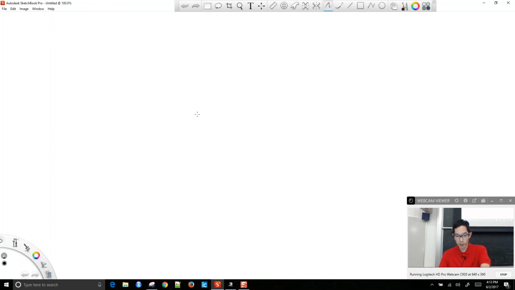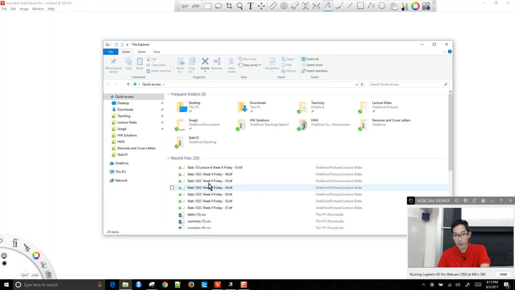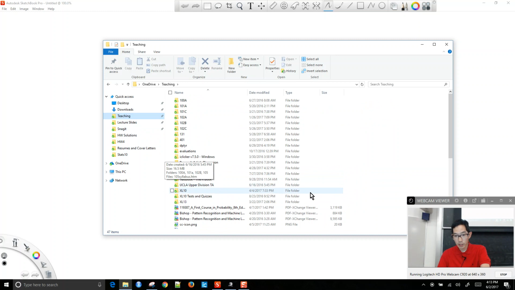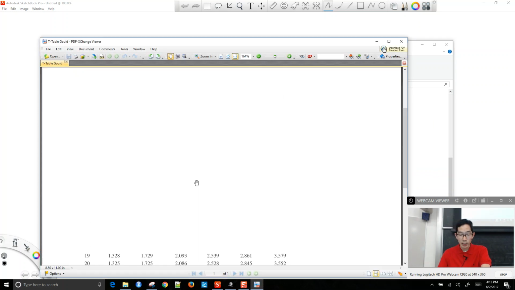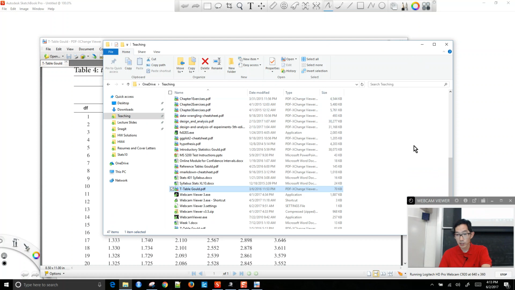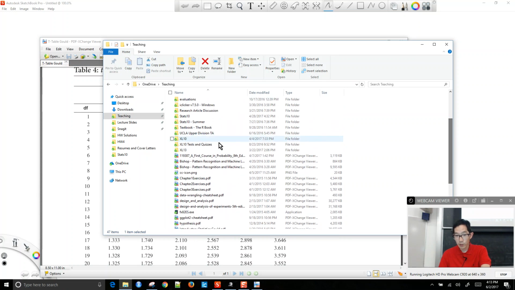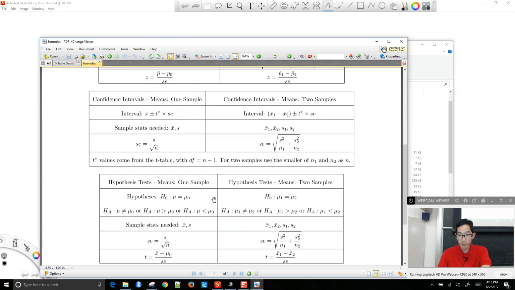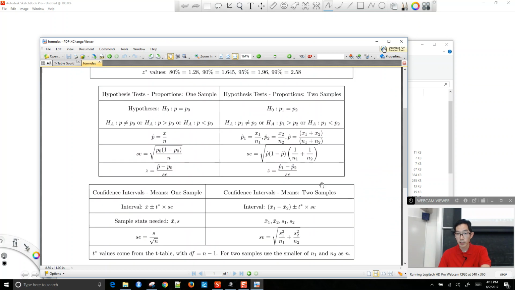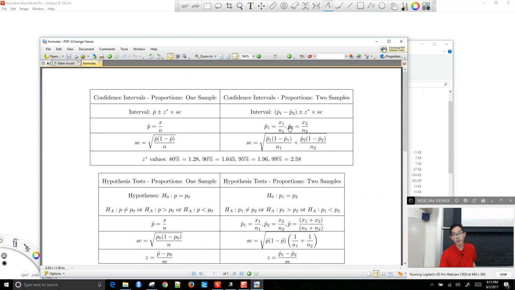Let me pull up my tables myself. Here's my t-table. On the table of formulas, there is one set of formulas that we did not cover, and that's up here: confidence intervals, proportions, 2 samples.